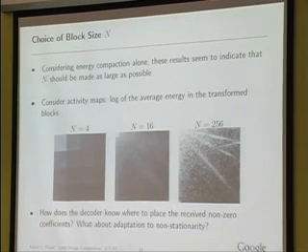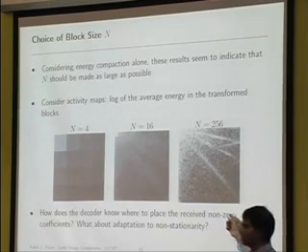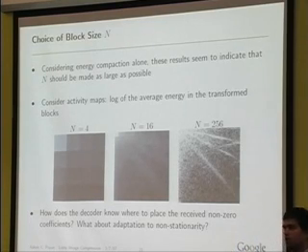There's one more related point. The point that I already made was we have to tell the receiver what this information we're sending corresponds to, and there's an activity map, or some information that has to be sent either implicitly or explicitly for that. There's also the issue of adapting to non-stationarity. If I take a big transform of the whole image, that averages over everything in the image.